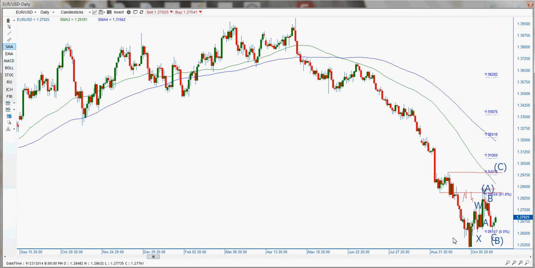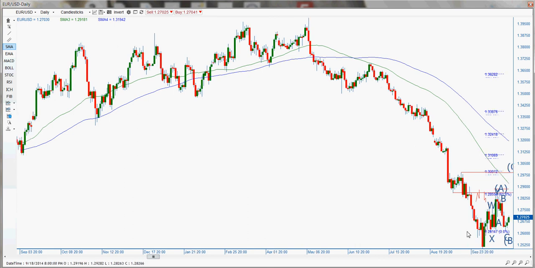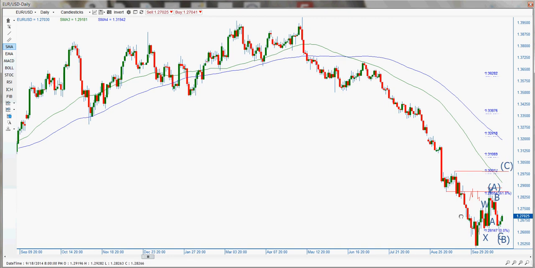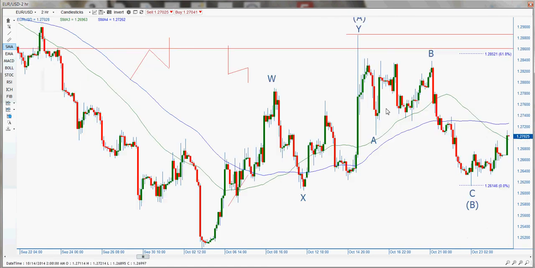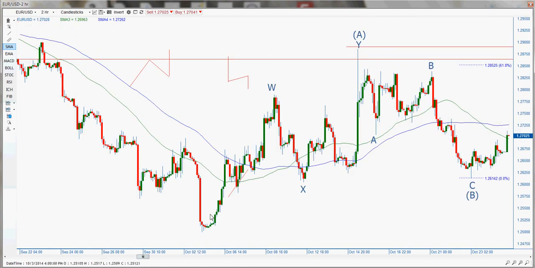So just to recap, I'm looking at the bigger picture, the daily. I see a bounce. I want to know materially, qualitatively, what this is all about. So I'll zoom in. Once I can identify that this is not an impulse wave, I know the trend will eventually resume to the downside.